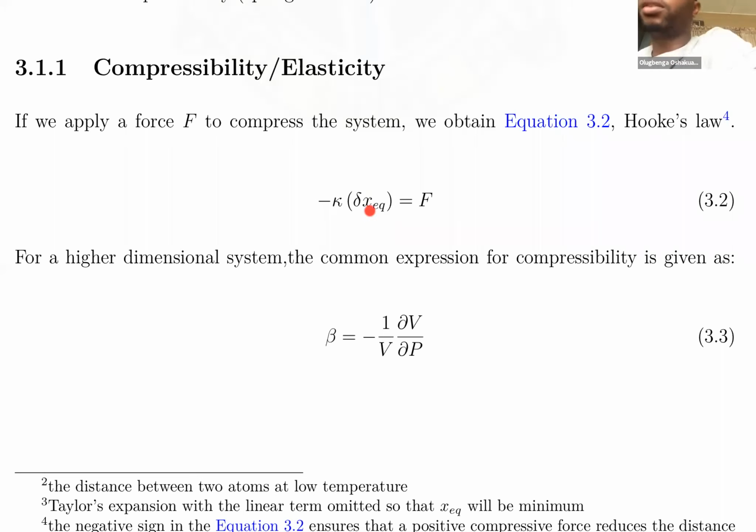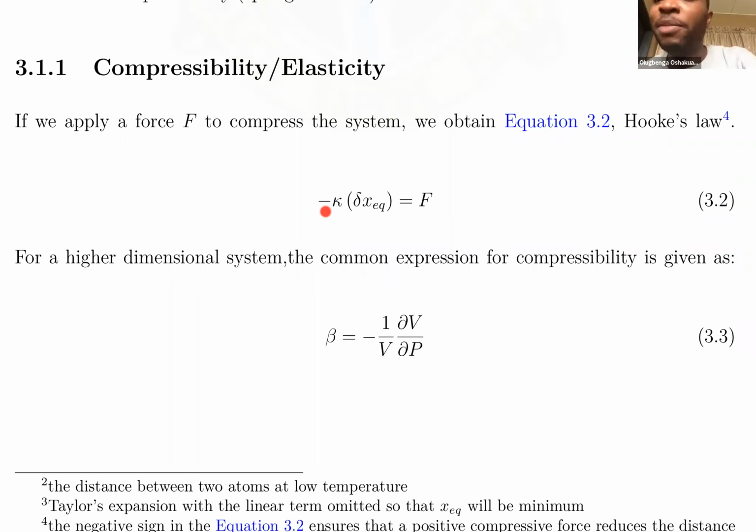It's not just length, it's a change in length, which is the new length minus original length, or extended length minus original length. And K is the normal spring constant that we have in Hooke's law. And this minus here is because we are looking from the point of view of compressibility.